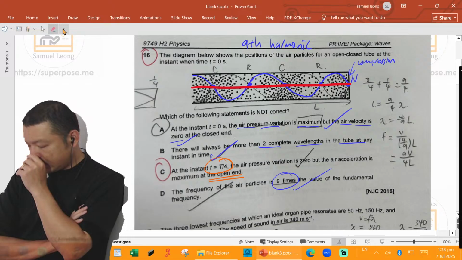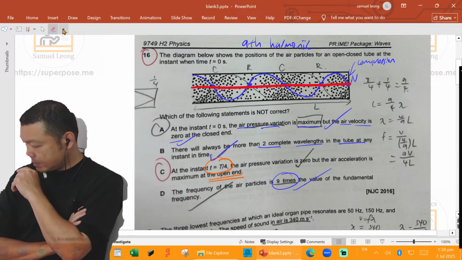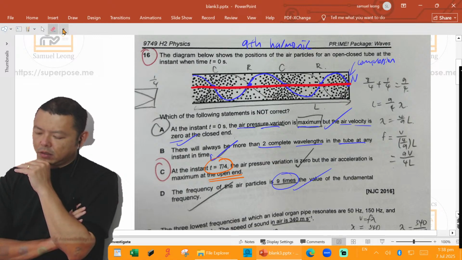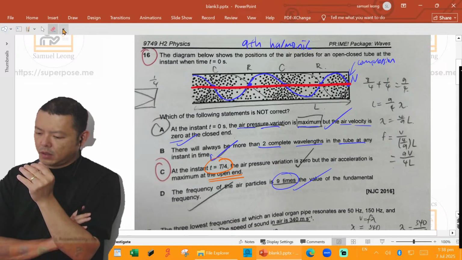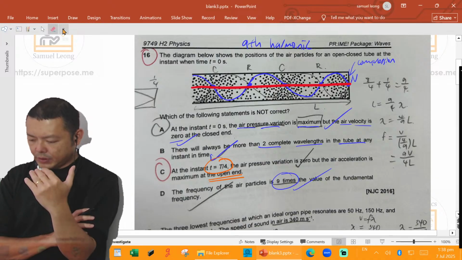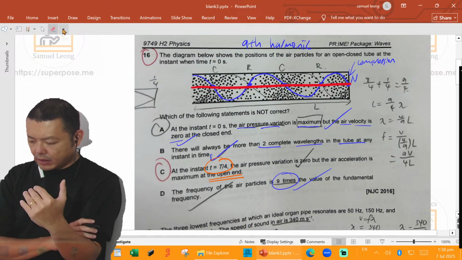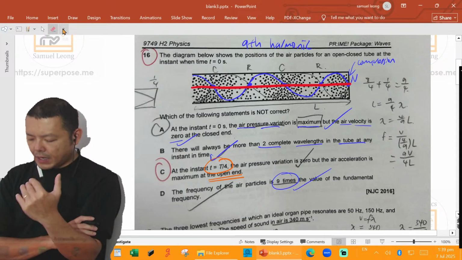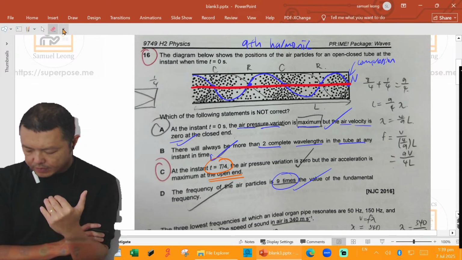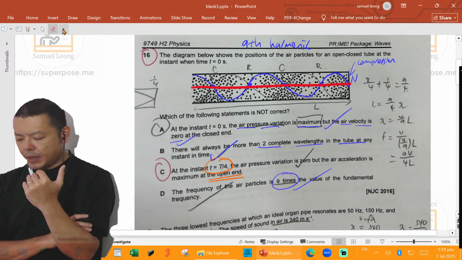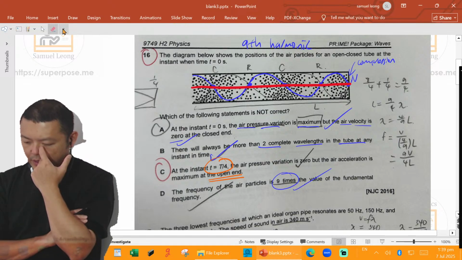A node is a node only. At a quarter period, the graph is flat, which means all particles are passing through their equilibriums, which means that the particles all have their maximum speed.